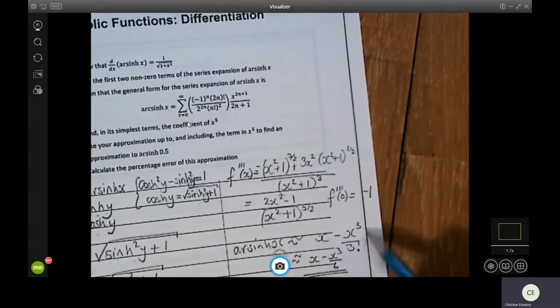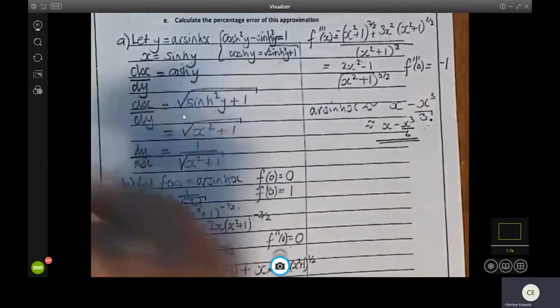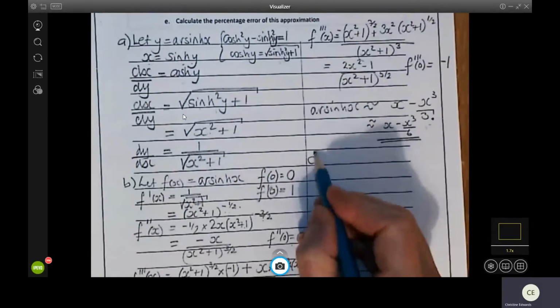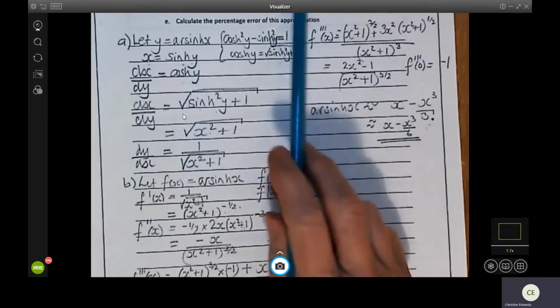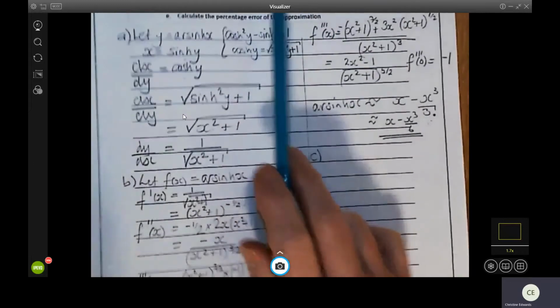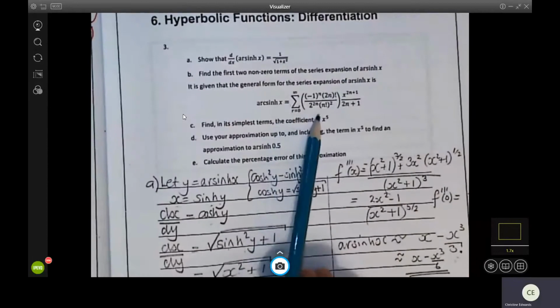I appreciate that there may be some more working here, which may be needed. Okay, now what we've got here is they've given us the general term for the expansion.